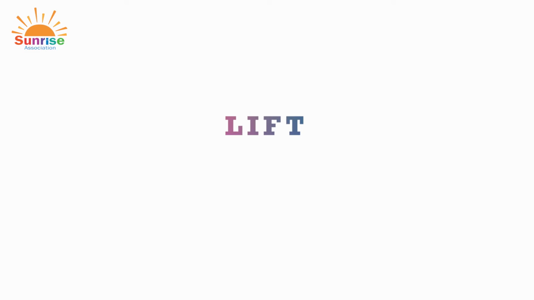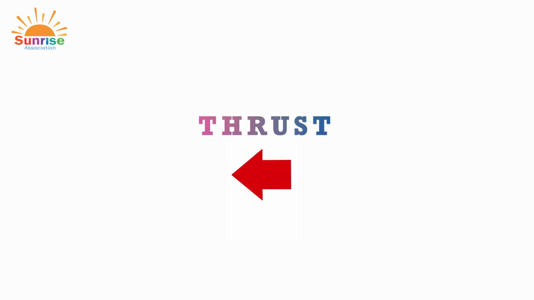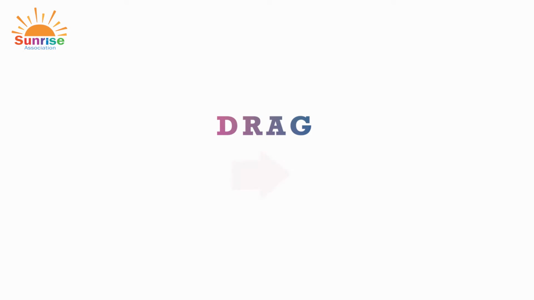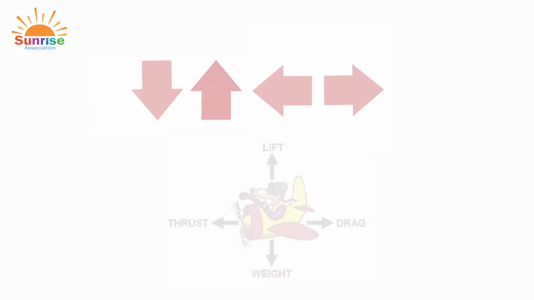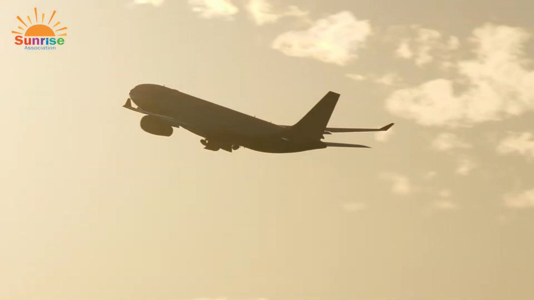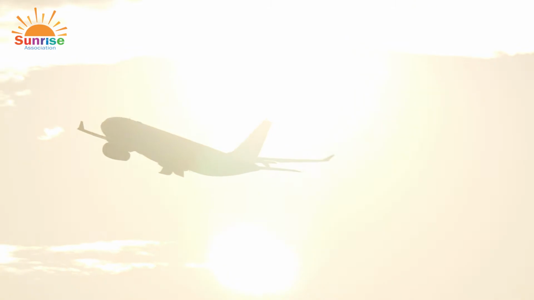Lift, when heavier than weight, allows the plane to move upward. Thrust is the forward motion of the plane, and drag is the force, like a strong wind, that pushes the plane back. So, we've got downward, upward, forward, and backward forces that help make the airplane fly. All 4 of these forces are super important to any aircraft's flight.